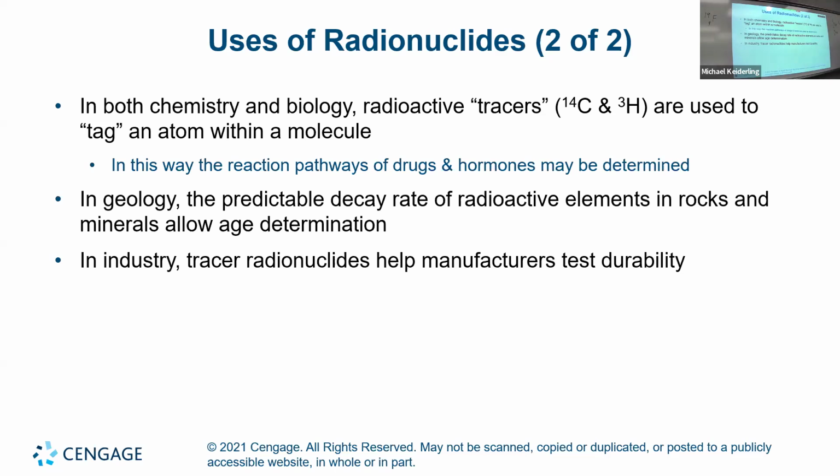And in geology, we use the predictable decay rate of radioactive elements in rocks and minerals to allow age determination. In industry, tracer radionuclides help manufacturers test durability. And then in some things, we use radioactive decay to excite phosphors to make things glow.